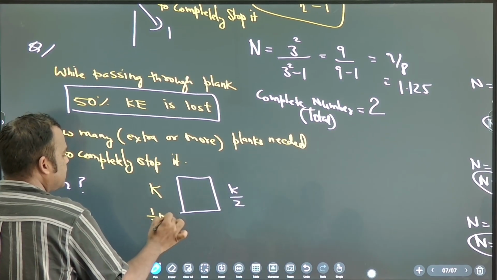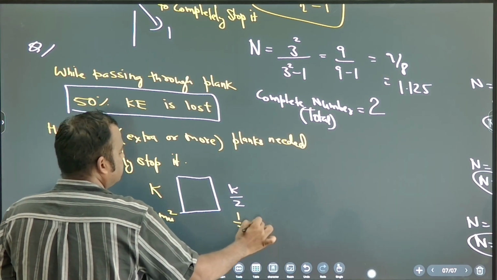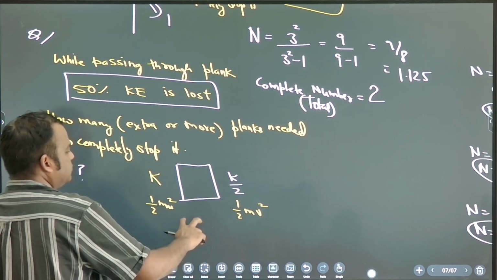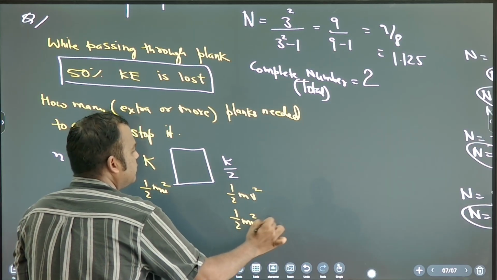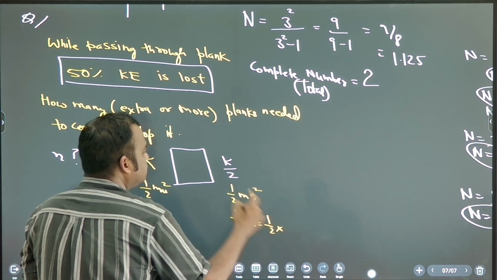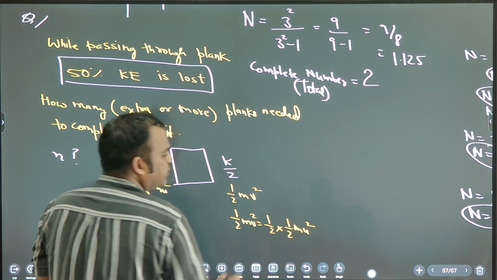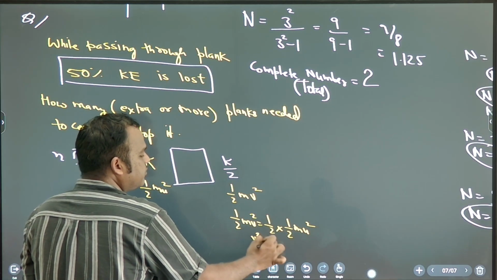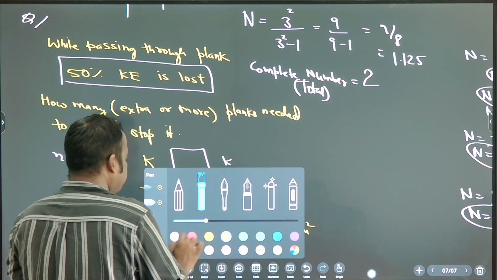Now this is half m U square and this is half m V square. Now half m V square is 1 by 2 times half m U square. So what is V square?